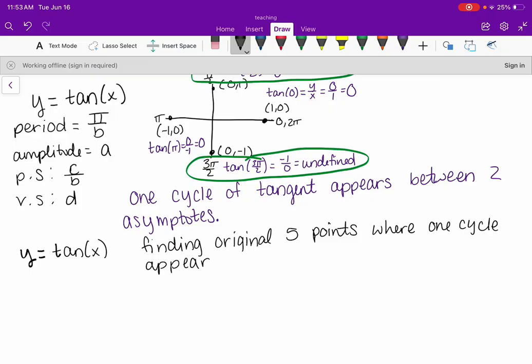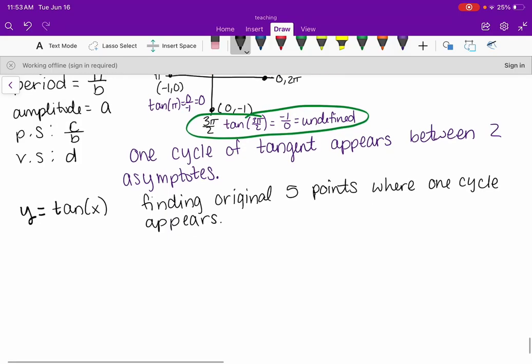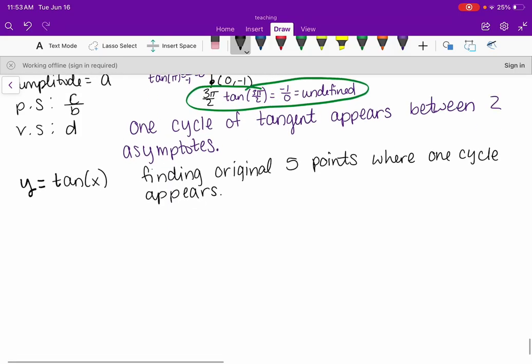So for sine and cosine, it's easy to find where one cycle appears. It's 0 to 2 pi. But for tangent, it's between pi over 2 and 3 pi over 2. So my first x value here is going to be pi over 2. My last is going to be 3 pi over 2.